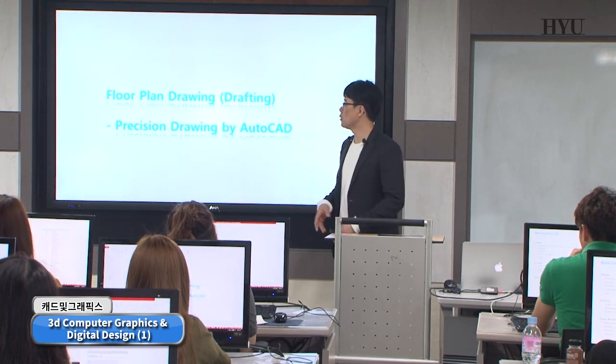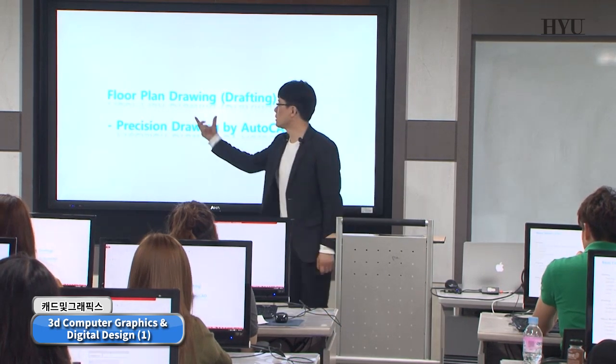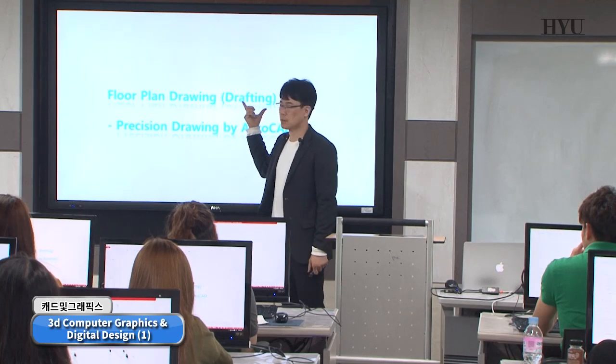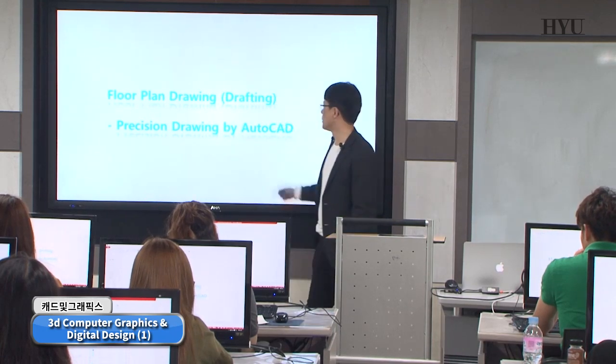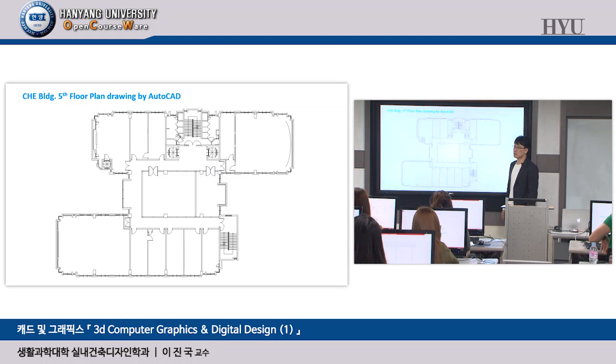Okay, let's take a look at floor plan drawing. Floor plan drawing means drafting, okay? Precision drawing by AutoCAD. Take a look. This is a simple representation of 2D AutoCAD for this building, for this floor plan, okay? But actually this is not enough, okay? Some layers are turned off.